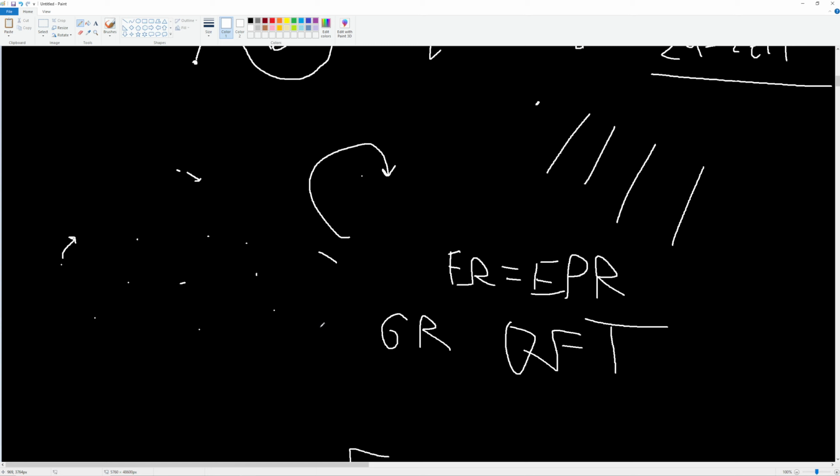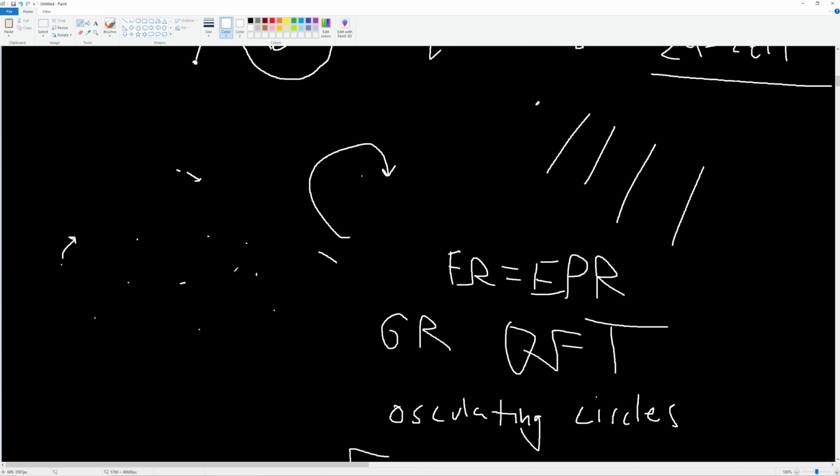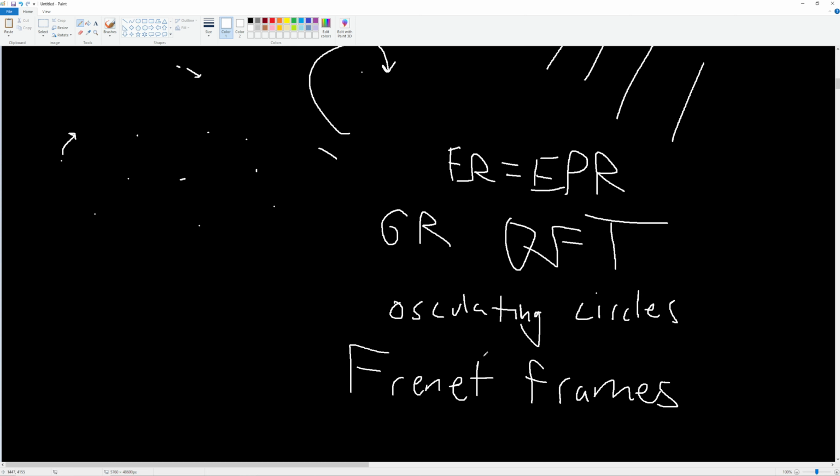Osculating circles are also of interest, related to paths. You have a path, a quaternionic path, I'll call it, and you look at osculating circles or osculating spheres connected with that path. That's it.